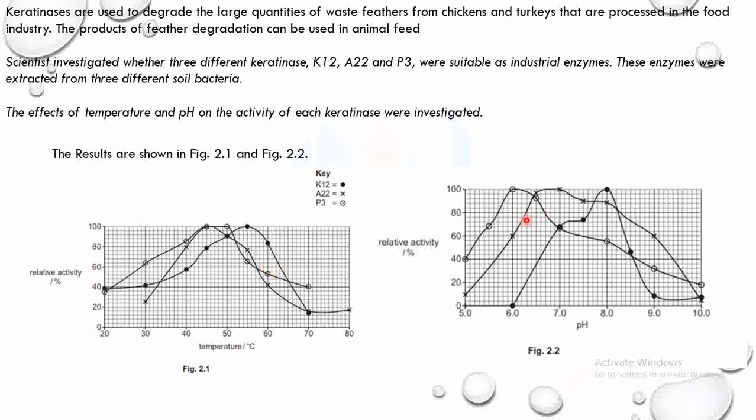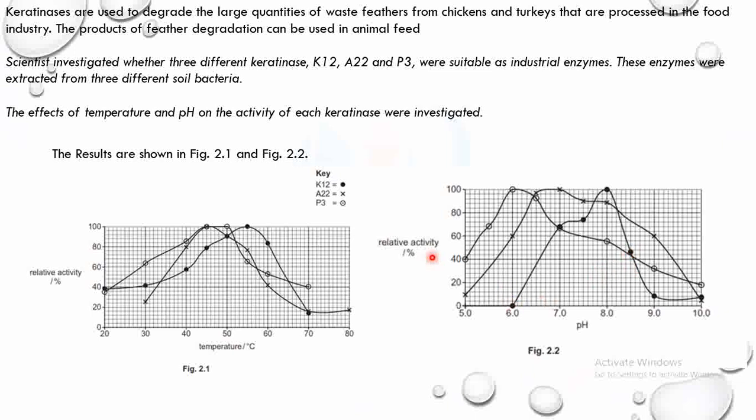If we come to the pH aspect, so if you check K12, where is that K12? Yeah, so you can see K12. You can use it more in alkaline conditions because the optimum pH is 8. 8 is alkaline. Anyway, it has a wide range of pH. We can use it more in alkaline.